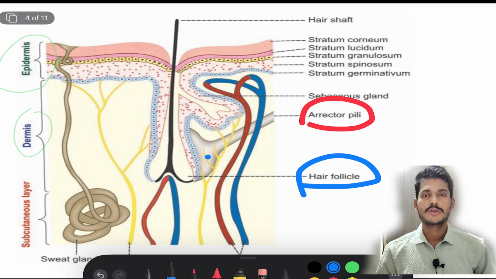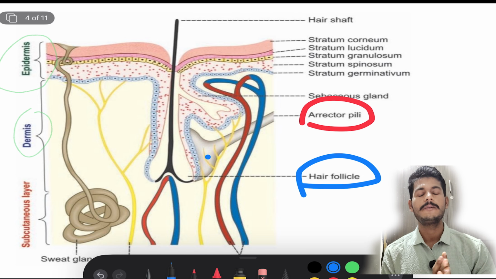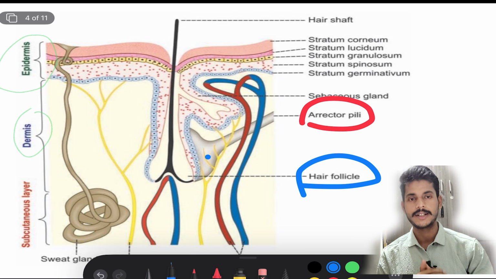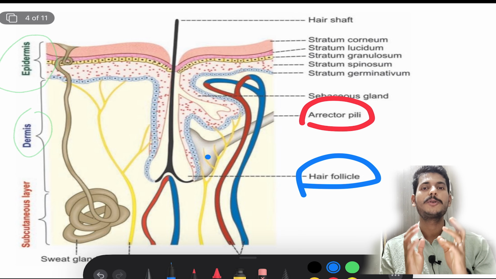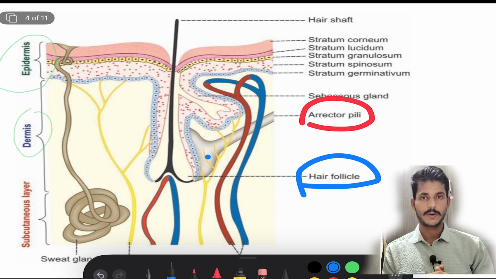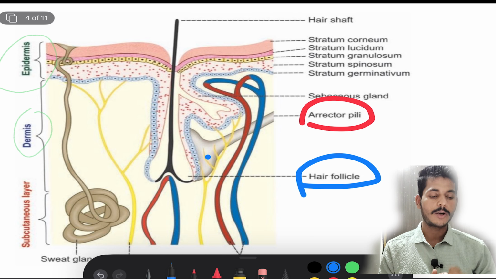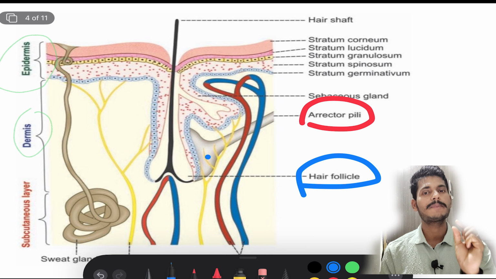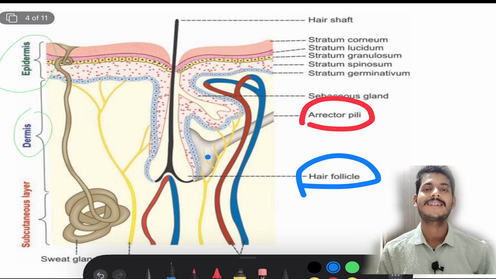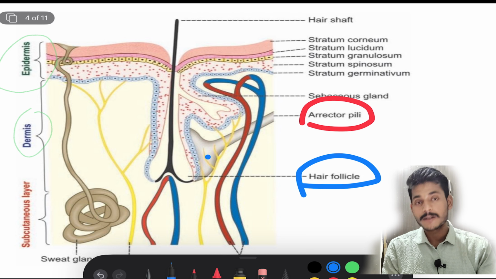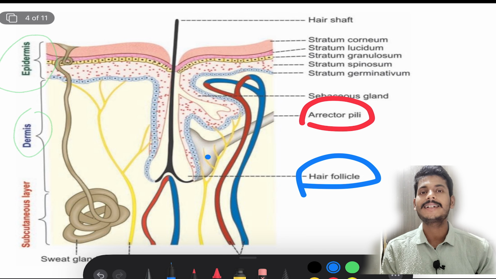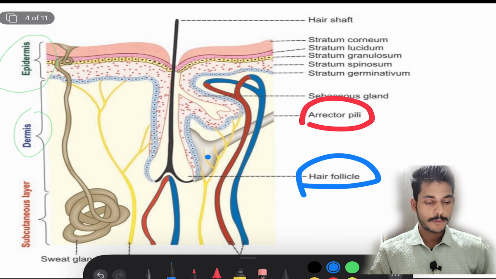Generally a student has confusion between the sebaceous gland and the sweat gland. So always remember that the sweat gland is meant for producing sweat. Whereas the sebaceous gland secretes one special protective fluid, which makes a film over the skin and protects the skin from microbes. Got the points? No problem.